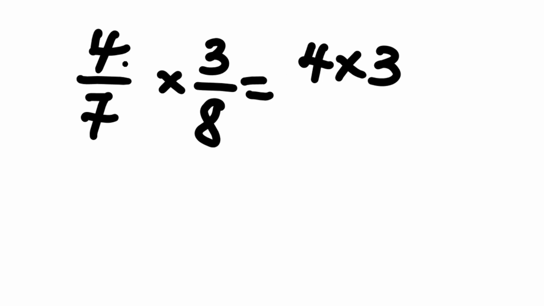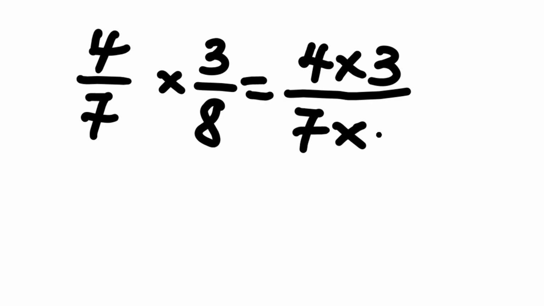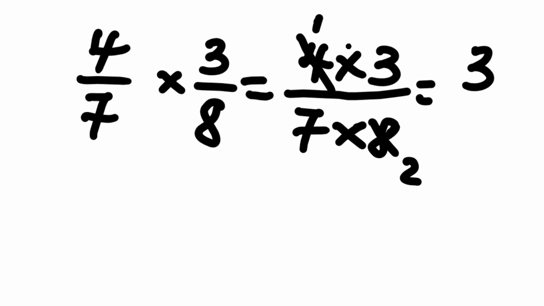There's nothing like cross multiplication between the numerator and the denominator of the other. That thing doesn't happen with multiplication. 7 by 8. Here you can simplify, right? 4 can go into this 2 times. So the numerator will be left with 3, this one will be 1, this one will be 2. 3 times 1 will be 3 over 7 times 2 will be 14. So you have this as your final answer.